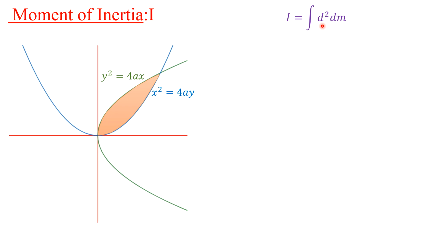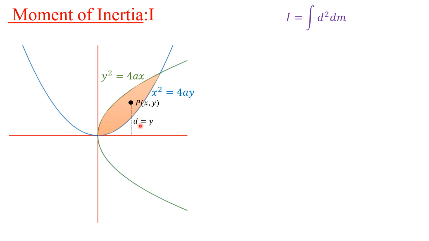Okay, so now what is the d for this? So let us take one particle P (x, y) in this region. We have to find its distance from x-axis. So this distance we have to find. You can see here this distance is nothing but the height of the particle above x-axis, which is y coordinate.